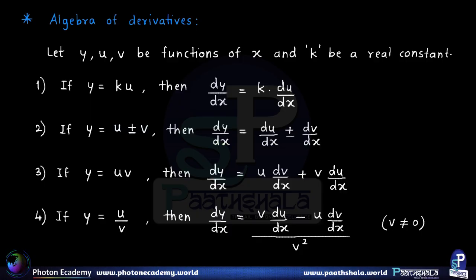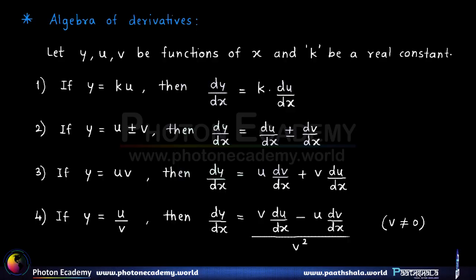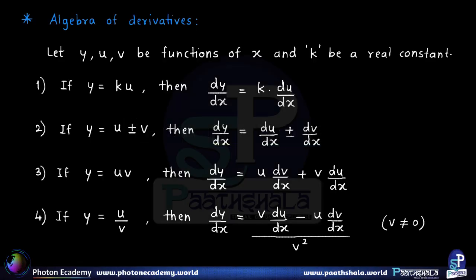The first result is that if y is equal to k into u, then dy by dx, that is the derivative of y with respect to x, is equal to k into du by dx. So basically when k is a multiplier to the function, it comes out of the derivative of that function. Okay, so k remains as it is when it is in the multiplier position.